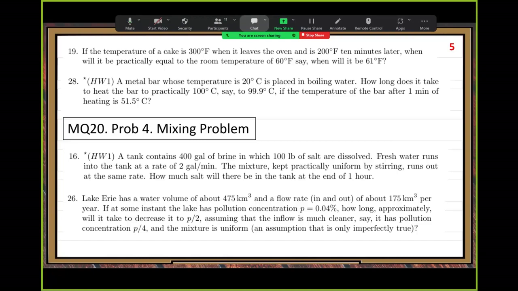So you can see this appears as 2 questions. One is just one ODE equation. The other one is a 2 equation system, a linear system. Okay. All right.